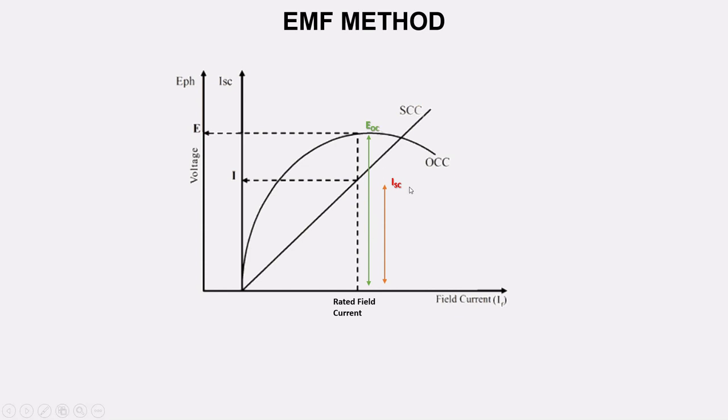From these values we can determine the synchronous impedance. After calculating the synchronous impedance, we can calculate the induced EMF. After calculating the induced EMF, we can use it directly in the voltage regulation formula, (E0 minus V) by V into 100%. This is the EMF method.